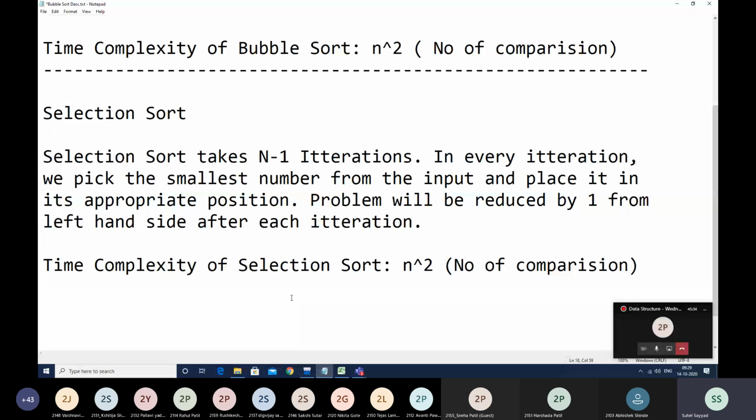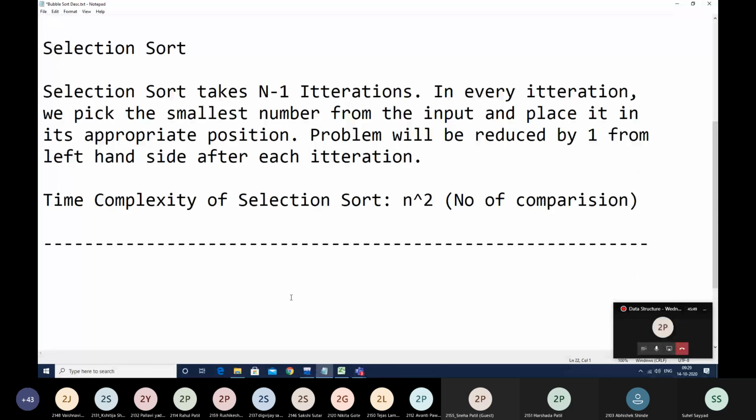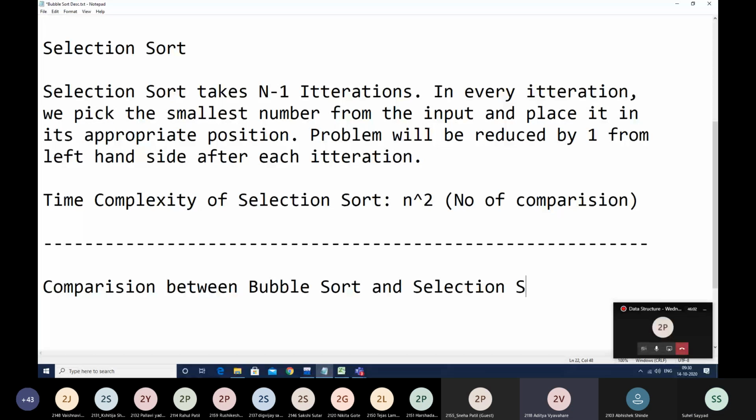You understand, my dear students, the comparison between bubble sort and selection sort? Which sorting technique is better amongst the two? Selection sort. Why? Less swapping.